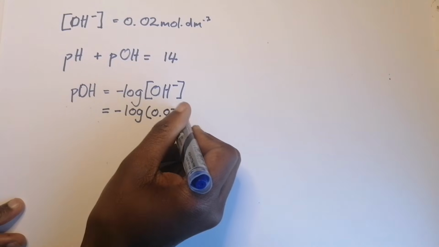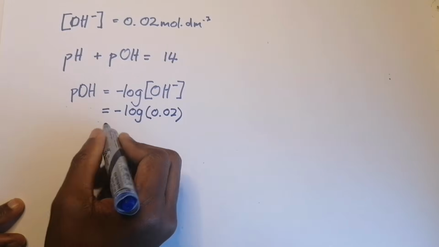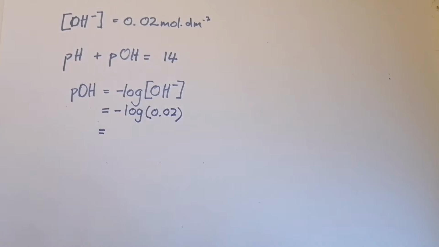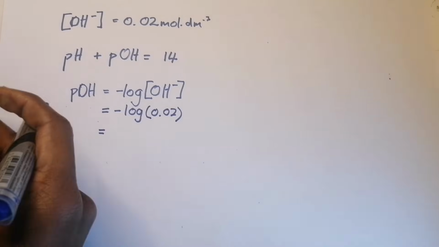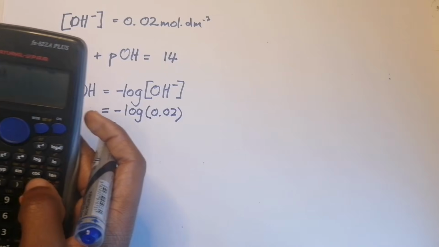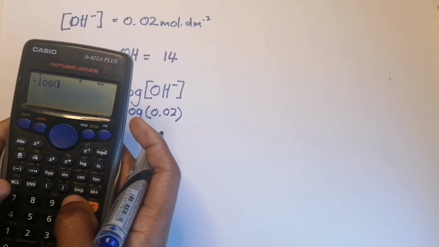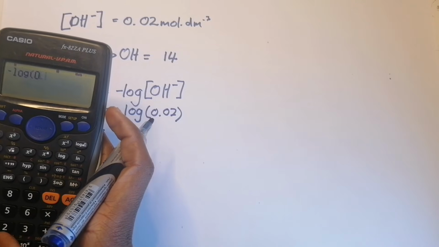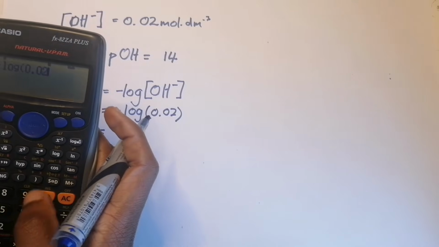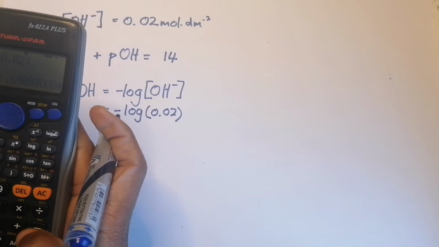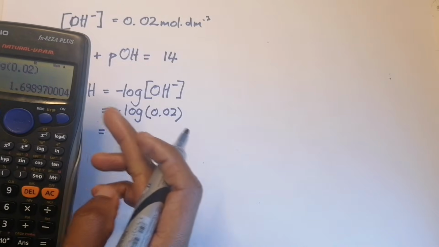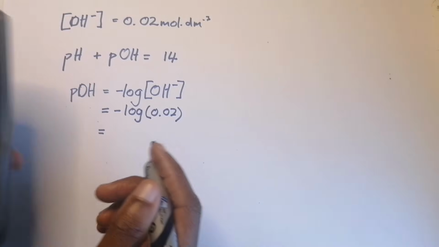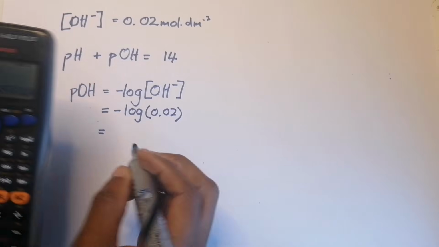So I'm going to say it's minus the log of my hydroxide ion, 0.02. I get a value of 1.69. Let's just say 1.7.